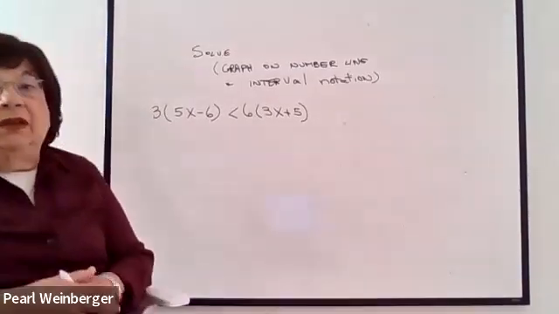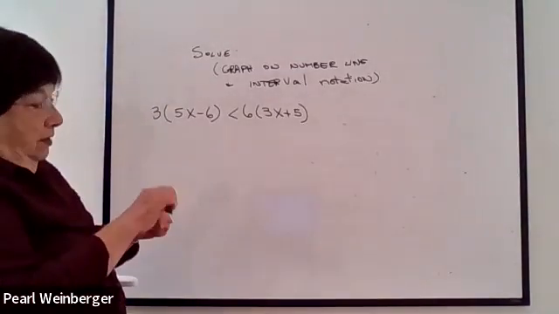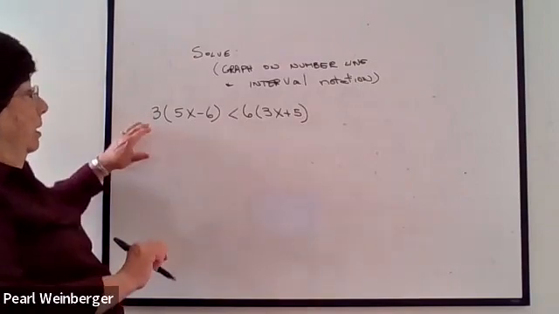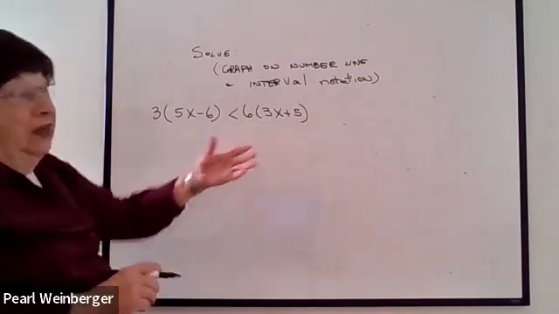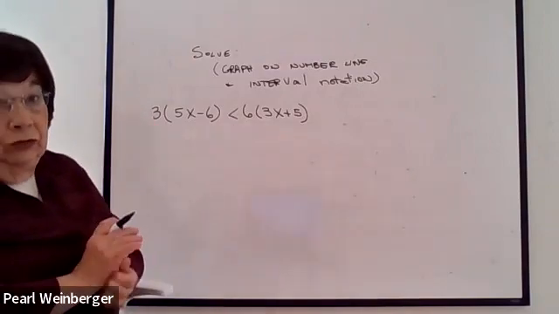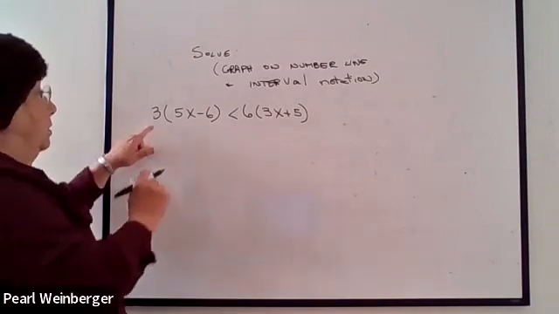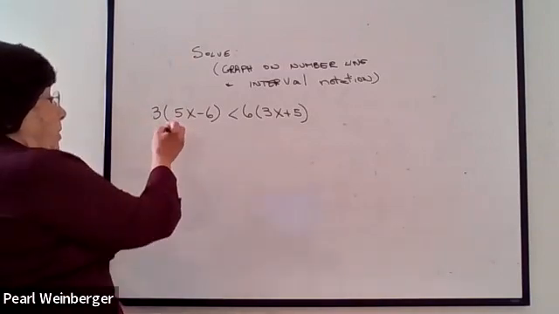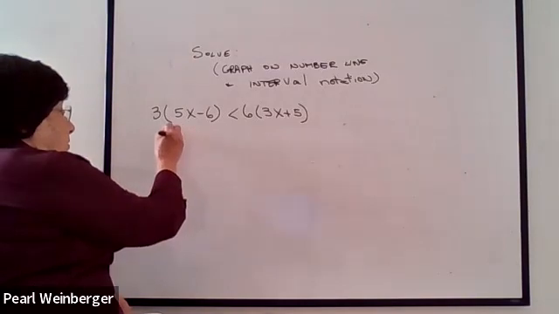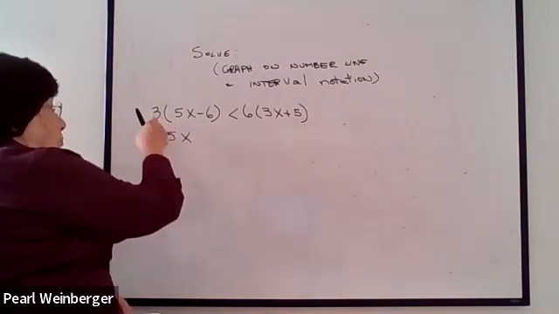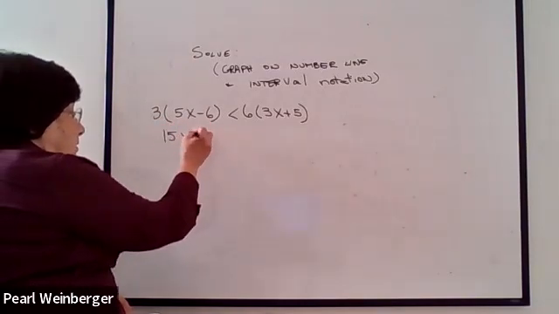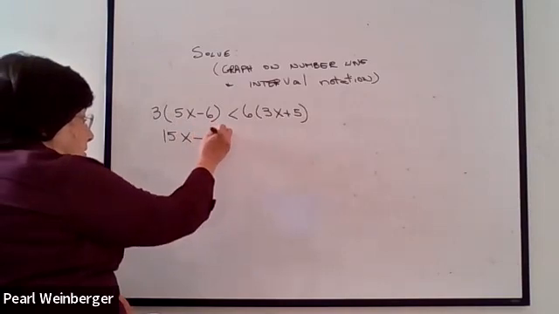Let's see. If we can do this together. Okay. So of course, the first thing, as usual, is to remove the parentheses. So I'll do 3 times 5x is 15x. 3 times -6 is -18.